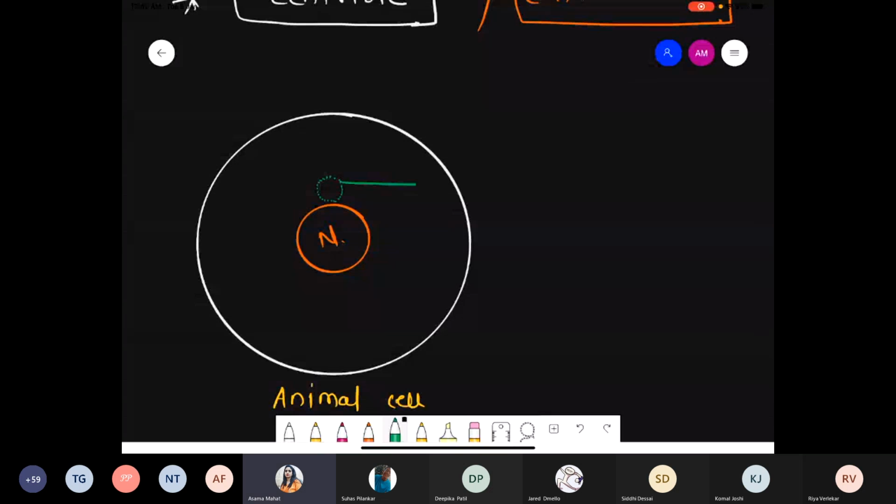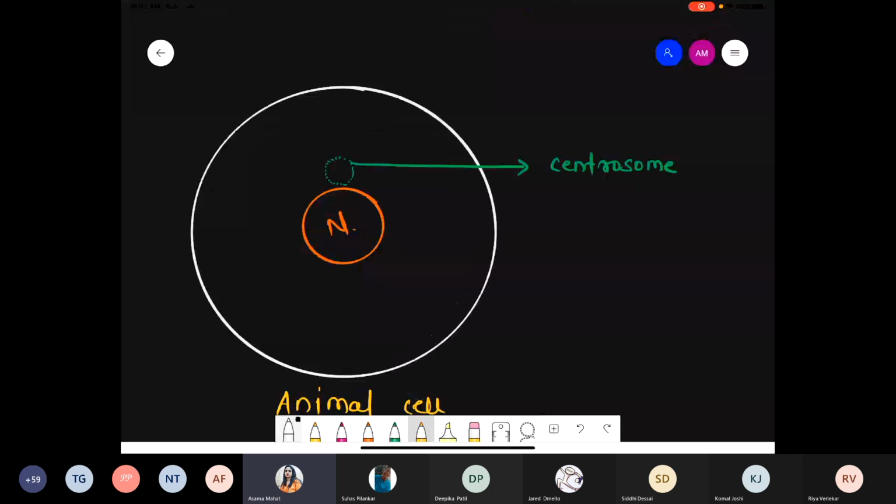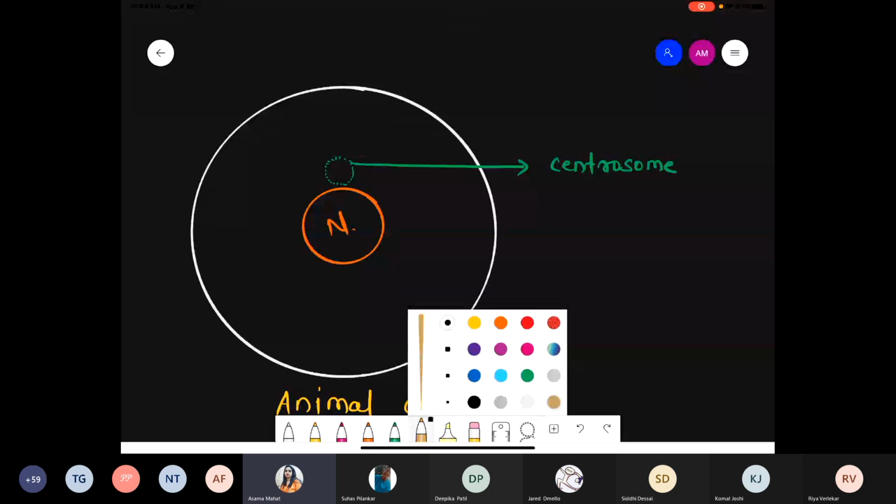This structure is called the centrosome. And inside the centrosome there is a pair of centriole. Just see, one like this, and now another one like this.